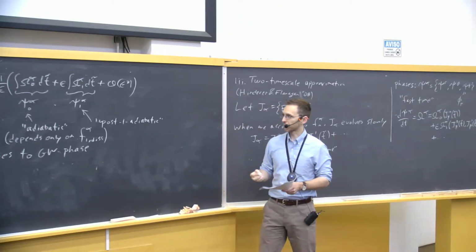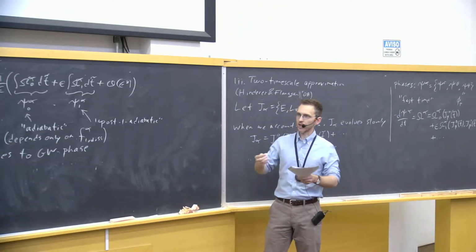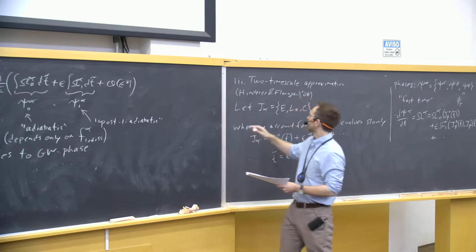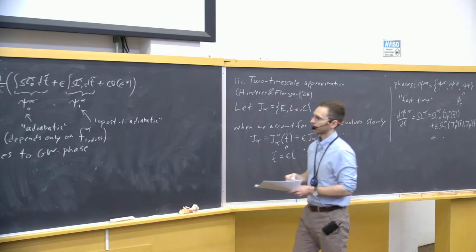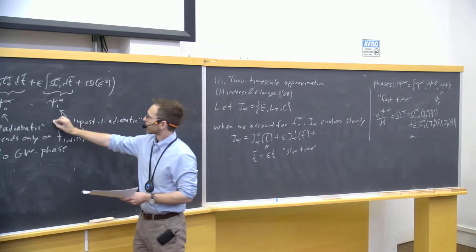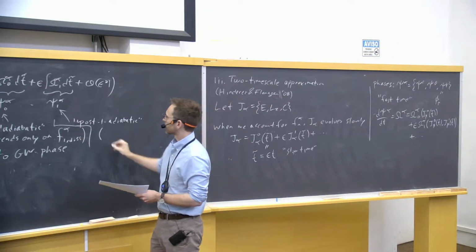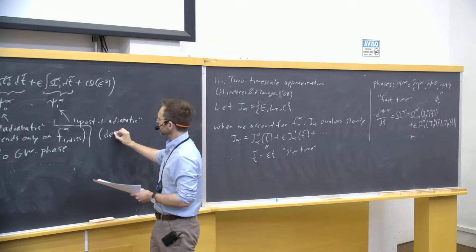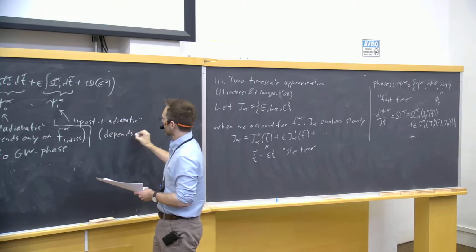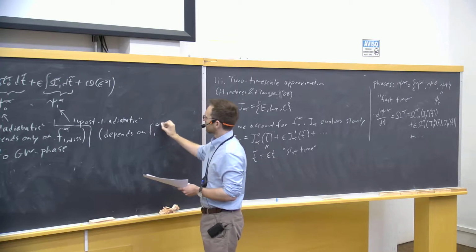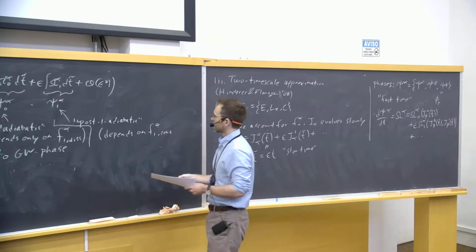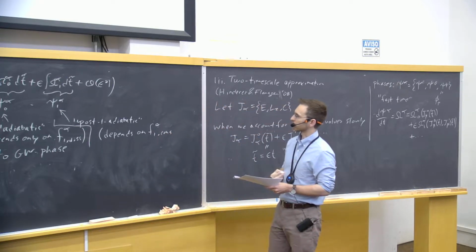So the piece of the self-force that is responsible for changing constants of motion at leading order. The post-adiabatic piece depends on the conservative piece of the first order self-force.